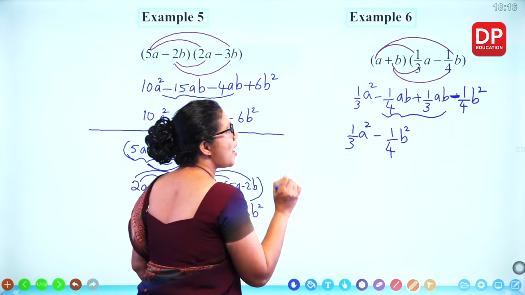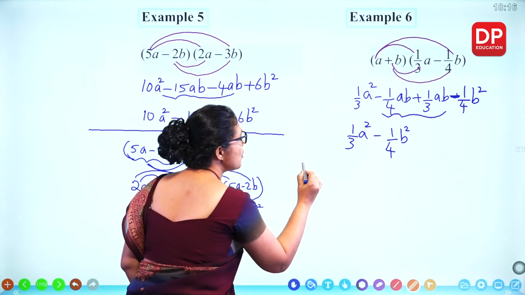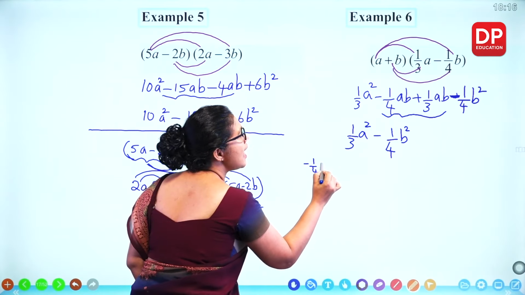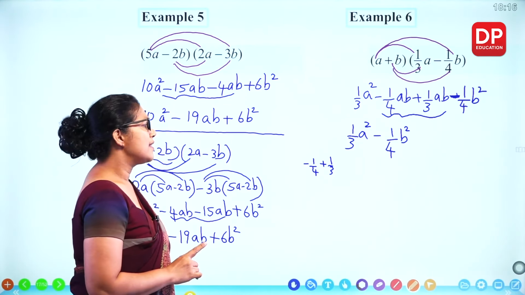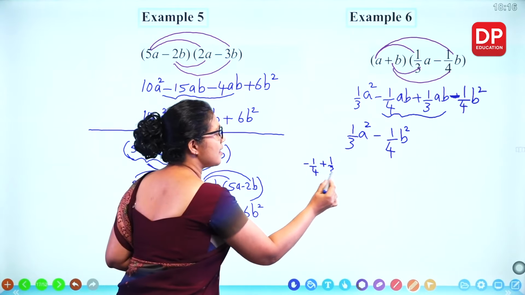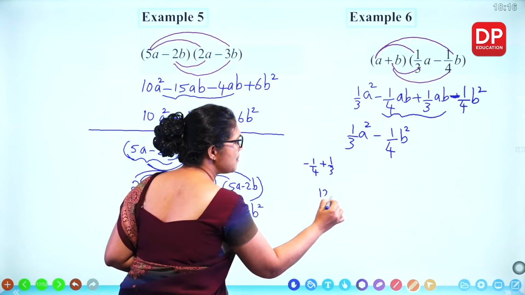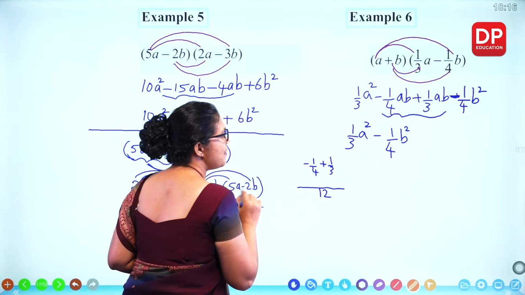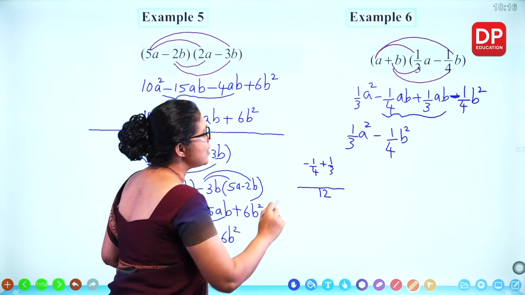Now ab is the like term. So in this case you get minus 1/4 and plus 1/3. How did we simplify these fractions? Find the lowest common multiple of 4 and 3. What's the common multiple? 12. And then convert to 12 and do addition.